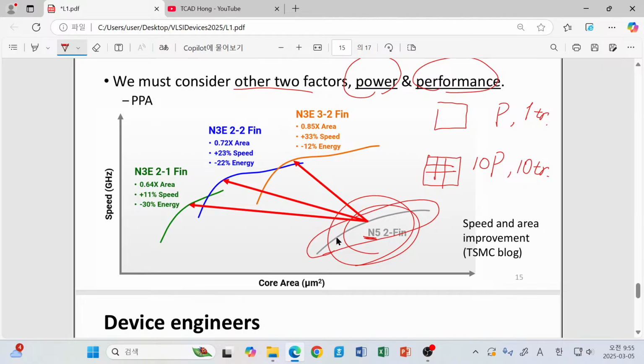When I say just performance, sometimes it's like electrical properties or characteristics. But for more specific context, when I say performance, this is more related with the maximum frequency at which your chip can operate. So performance is sometimes regarded as the speed of your chip.